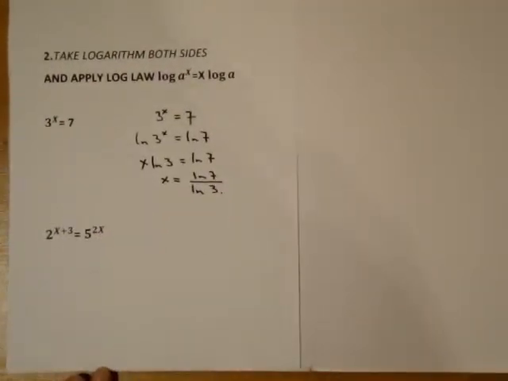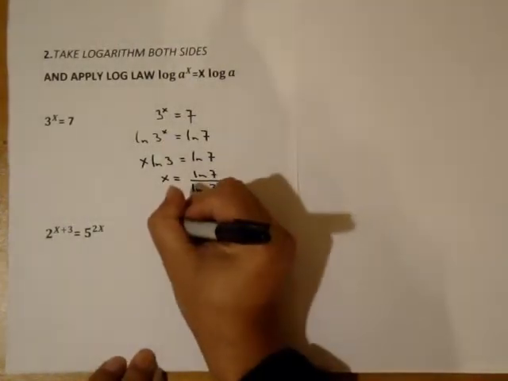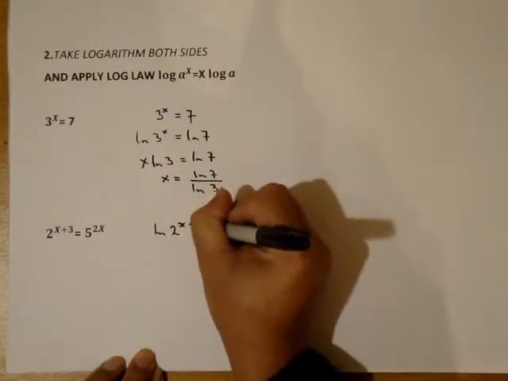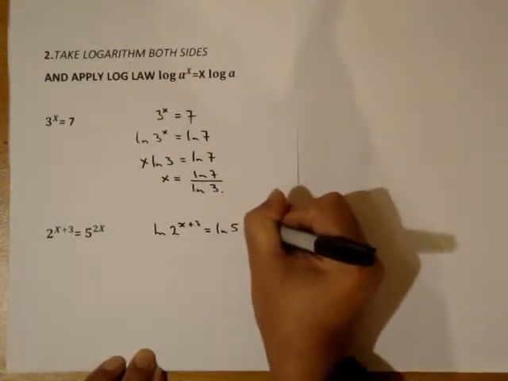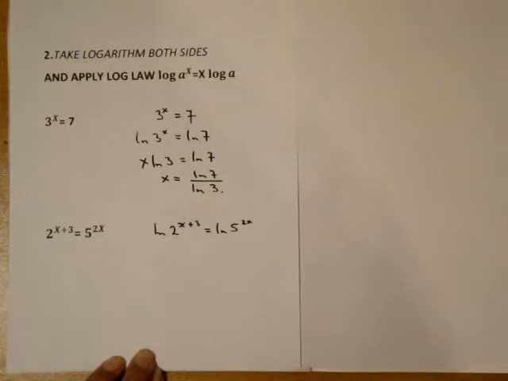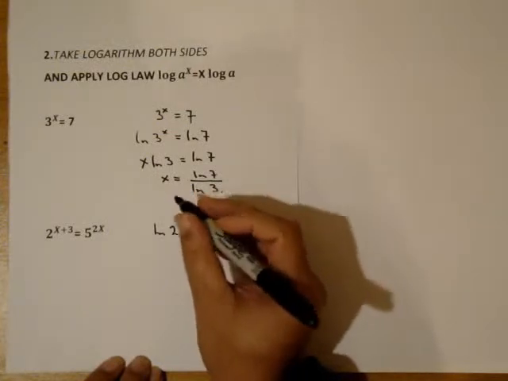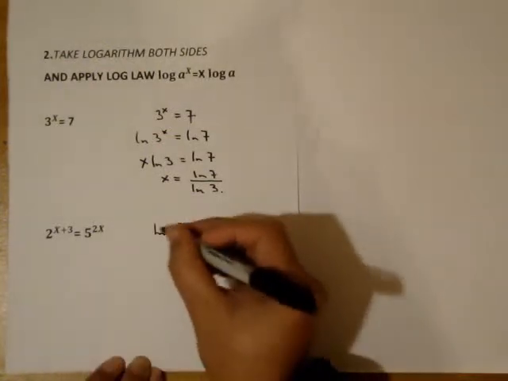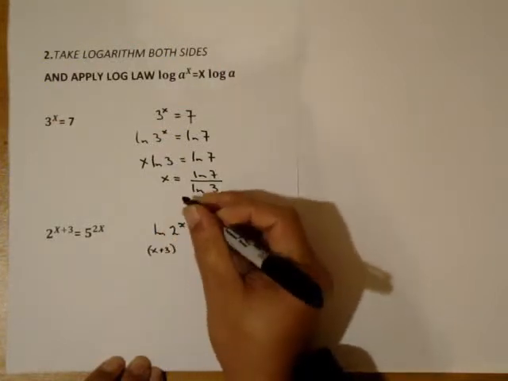Let's have a look at this second example. So we're going to take logs on both sides, so this becomes natural log of 2^(x+3) equals natural log of 5^(2x). Now we bring the power down, and the exponent then becomes the coefficient, so that's (x plus 3) natural log of 2.